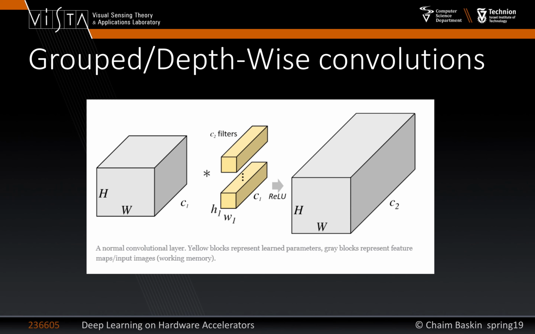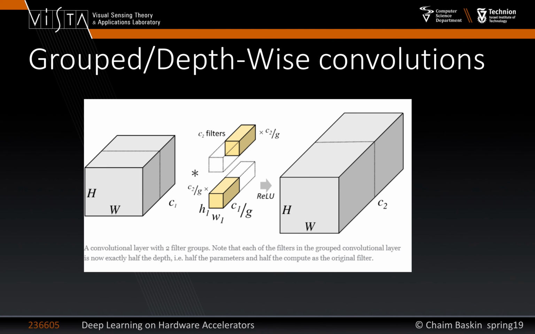Then he beat all the works done before, and now it's one of the most cited works ever in deep learning. Only, I think, backpropagation by Hinton has more citations, but it's a must-cite work when you're doing deep learning.